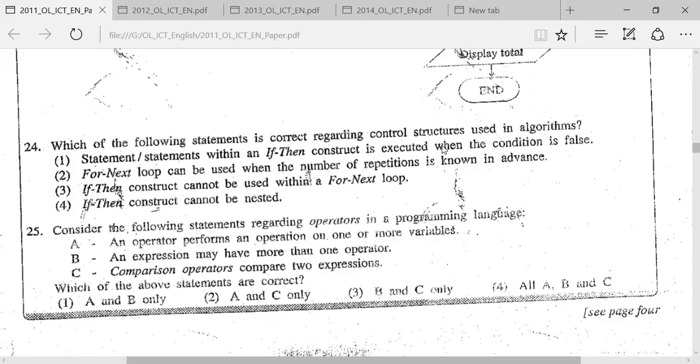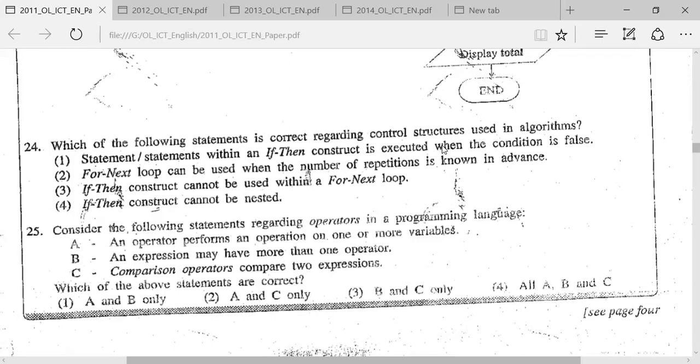Statement 1: statements within an if-then construct are executed when the condition is false.